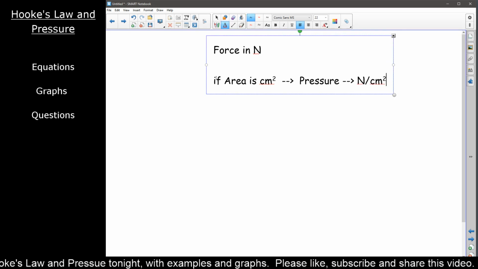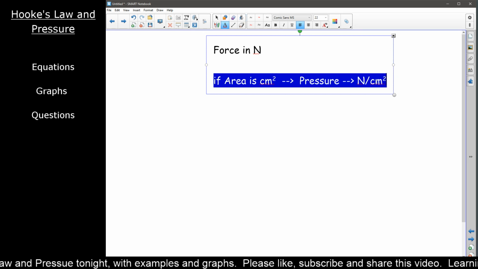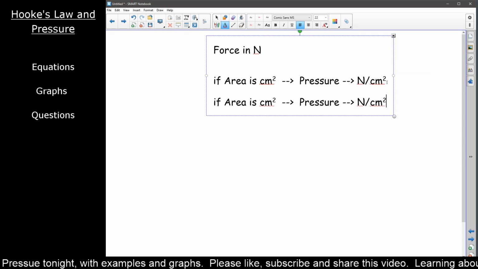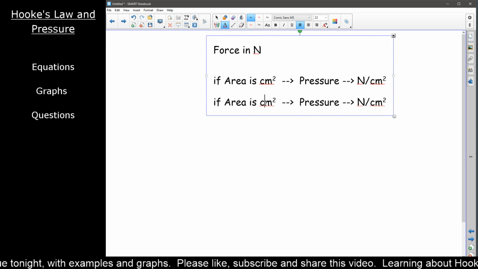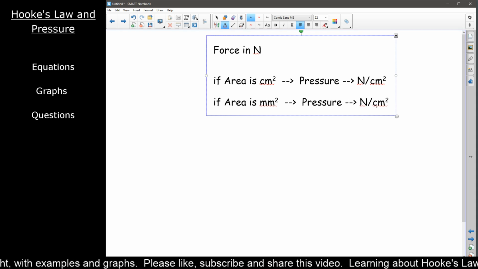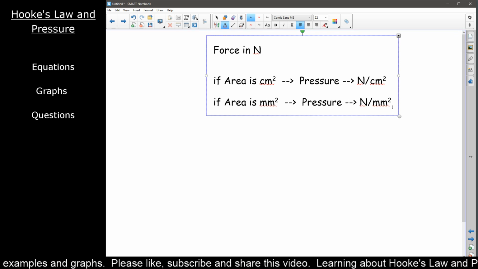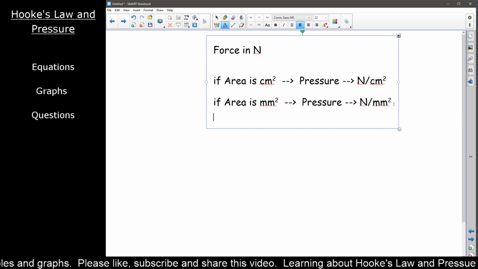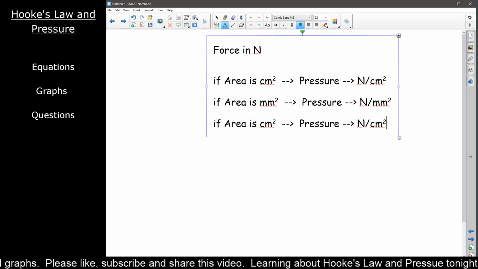Right. Easy peasy. I'm going to copy this line a couple of times. If the area is in millimeters squared, we're going to have pressure in newtons per millimeter squared. Once again, so far so good.